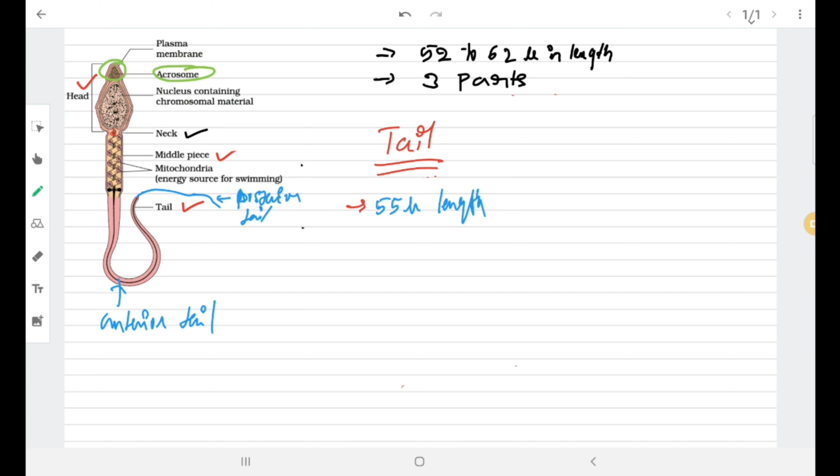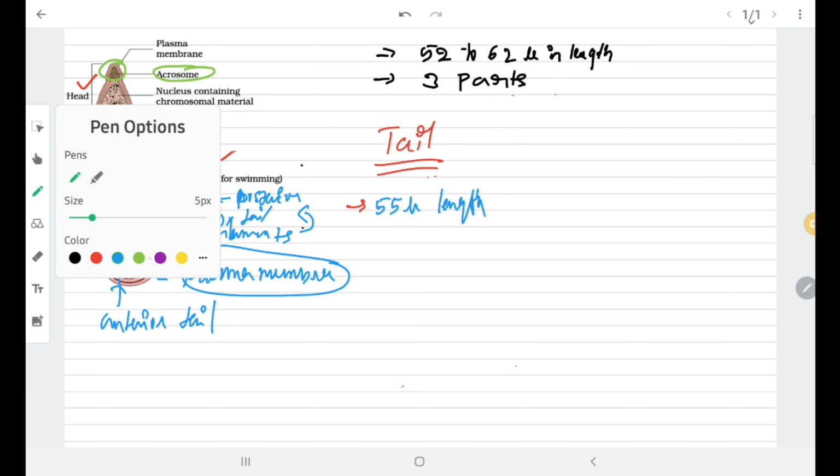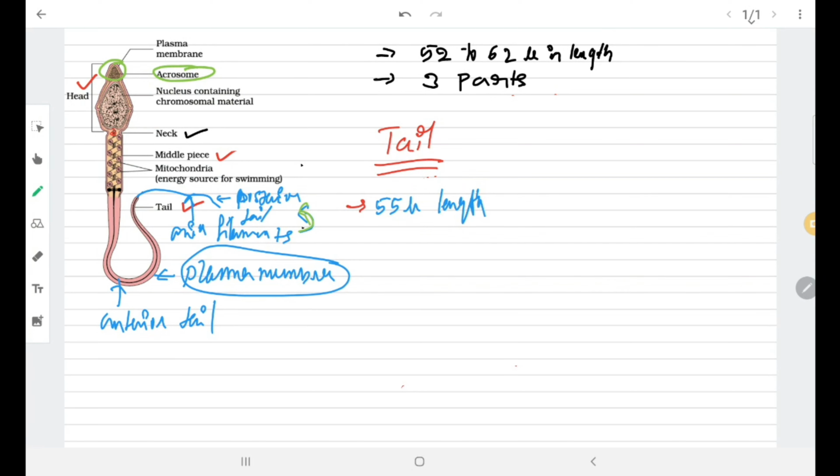The anterior tail is lined by the plasma membrane, which runs throughout the sperm, and this plasma membrane ends at a particular point. From there, the axial filaments, this will be the axial filaments, are termed the posterior tail.